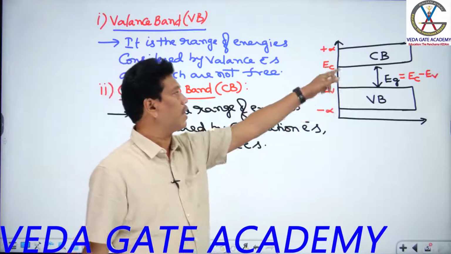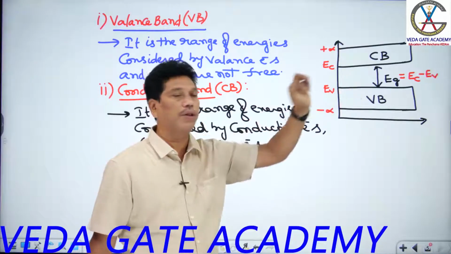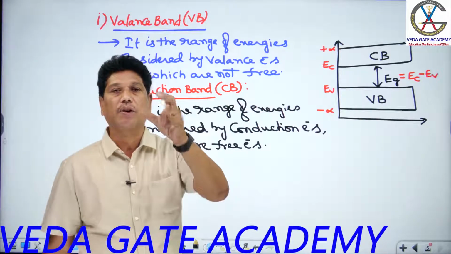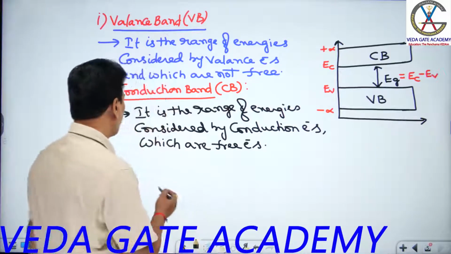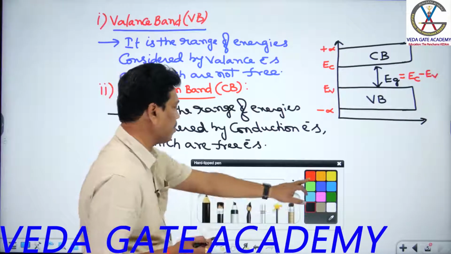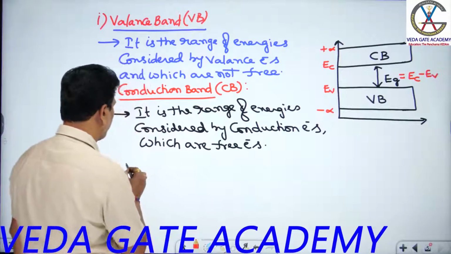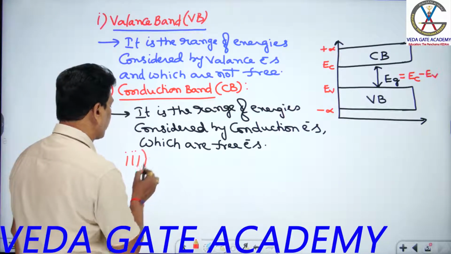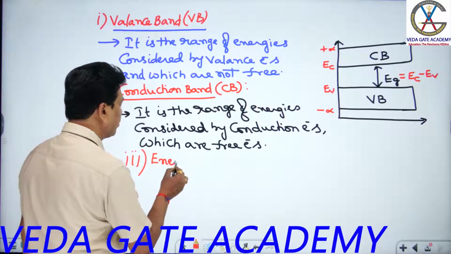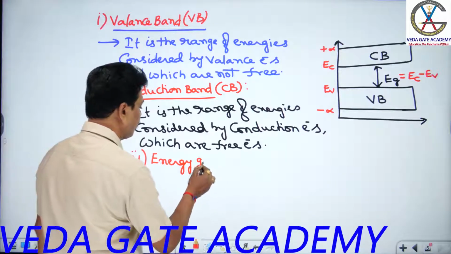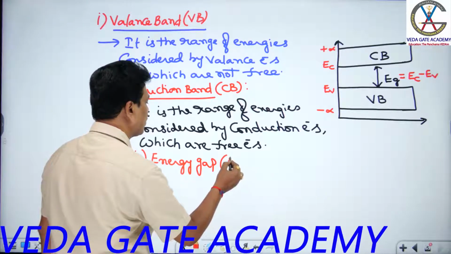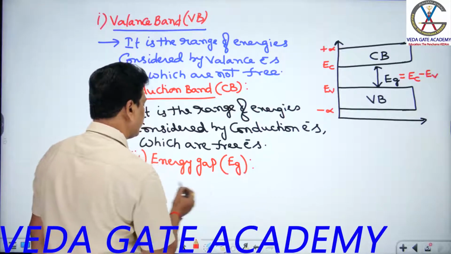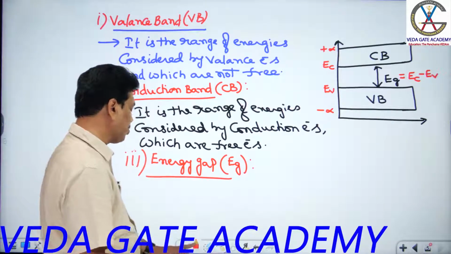In between this valence band and conduction band, one more thing is there, the gap. That is called the energy gap, students. So third, in the energy band diagram, is the energy gap, denoted by Eg. What is this energy gap, students?